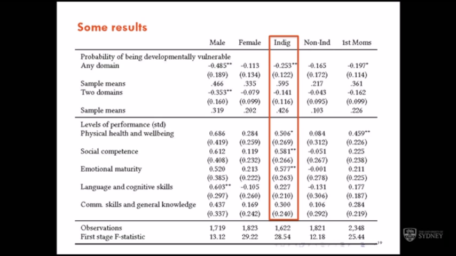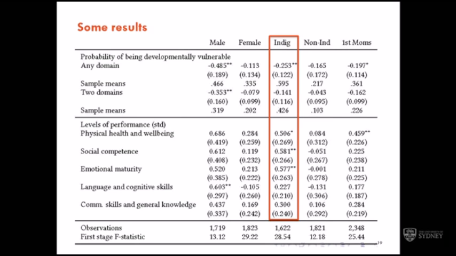And so we studied all sorts of outcomes here. And the important result I just want to highlight here is, so we've done this for male babies, female babies, Indigenous and non-Indigenous babies. I want to focus here on this. This is levels of performance on the AEDC, the Australian Early Development Census, expressed in terms of standard deviations.